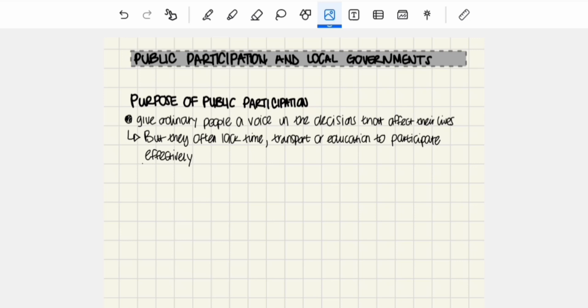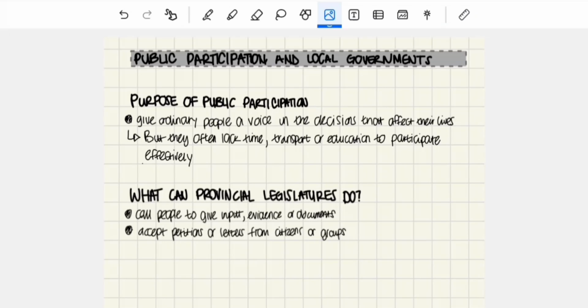Those who need it the most, especially the poor and the marginalized, often lack time, transport, or education to participate effectively.